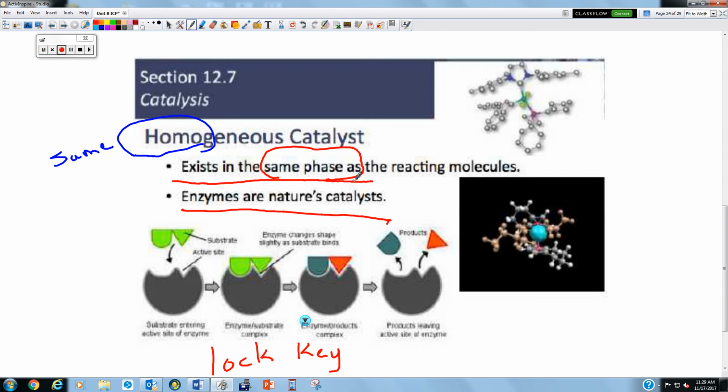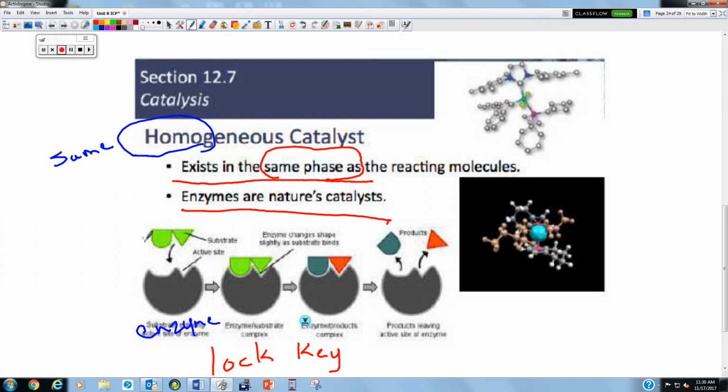So looking at this, enzymes are nature's catalysts, causing the reaction to happen faster and more efficiently. So we have this molecule in here, the substrate, and we have our enzyme right here. The enzyme is going to facilitate the reaction that we want to occur.